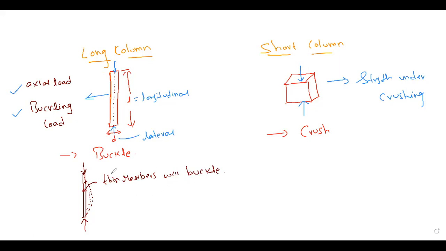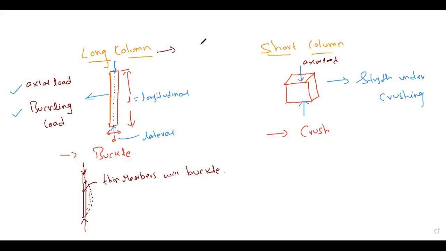So your member should have a resistance towards buckling. Along with that, it should have a resistance towards axial load. Understand? So that is the meaning of buckling. Short columns, for the axial load, if they resist it, obviously they will have strength under crushing. So this is how we differentiate long column and short column with respect to their failures.